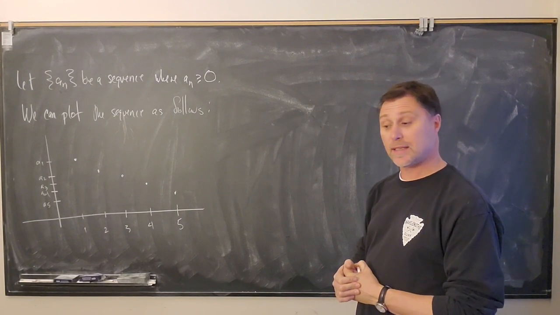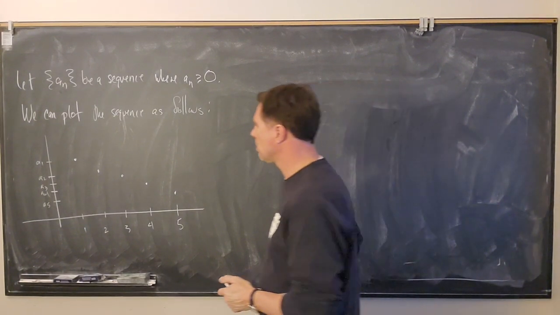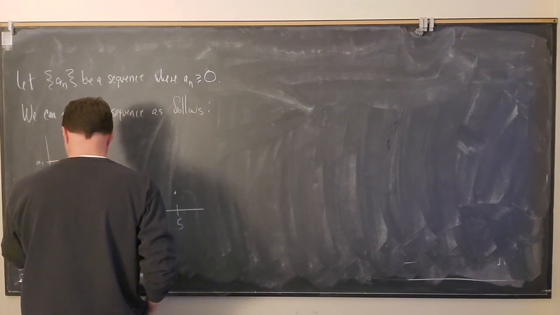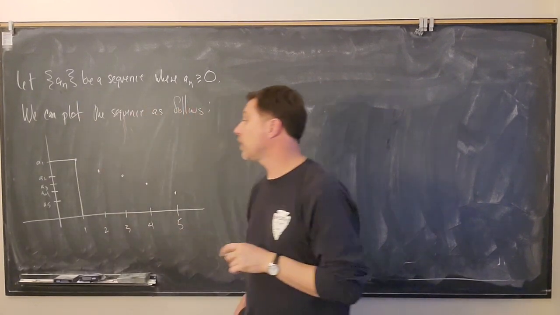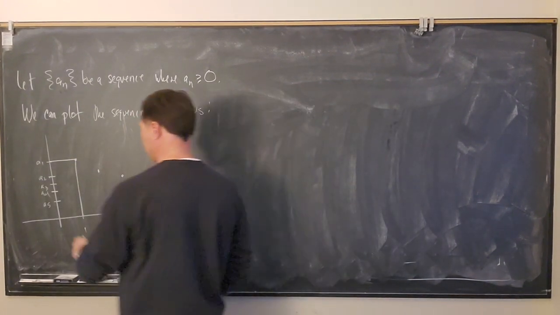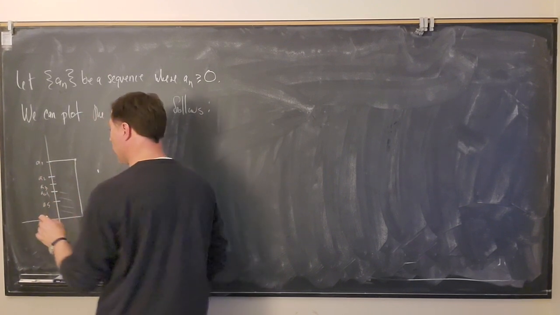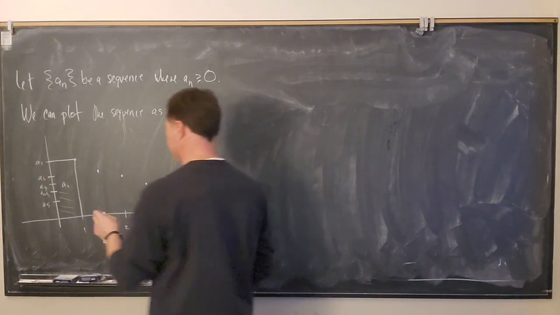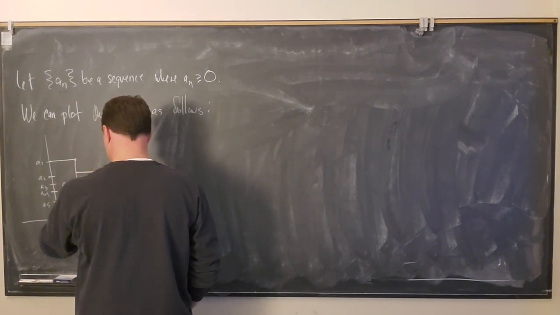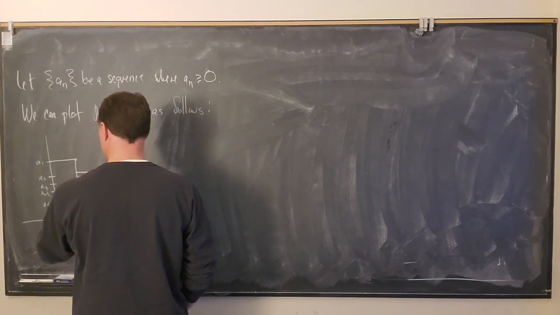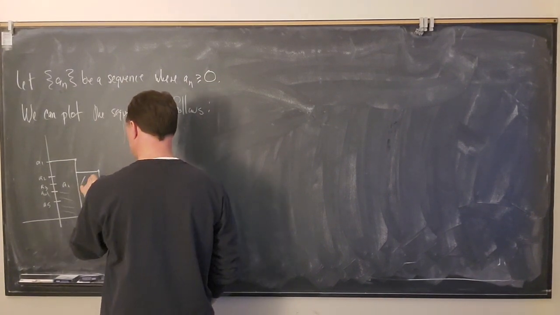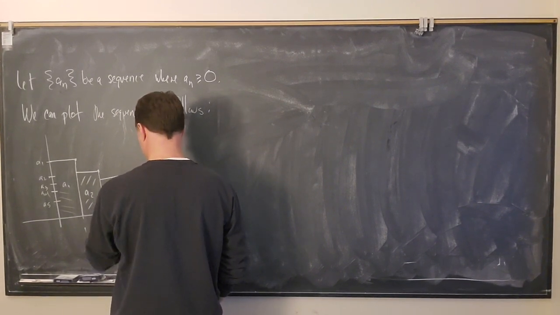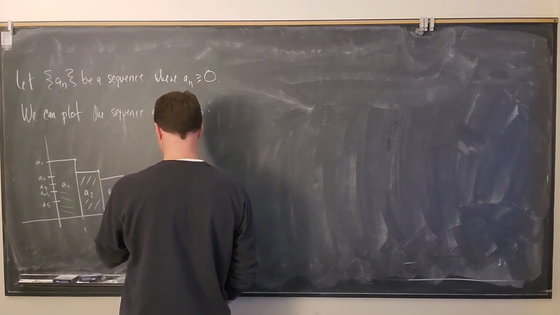Now remember, we're really studying series. And so if I look at the area of that rectangle right now, what is that? Well, it's got base 1 and height a1. The area of that first rectangle is a sub 1. Same thing for the next rectangle, which has area a sub 2. The next one has area a sub 3, a sub 4, a sub 5, and so on.